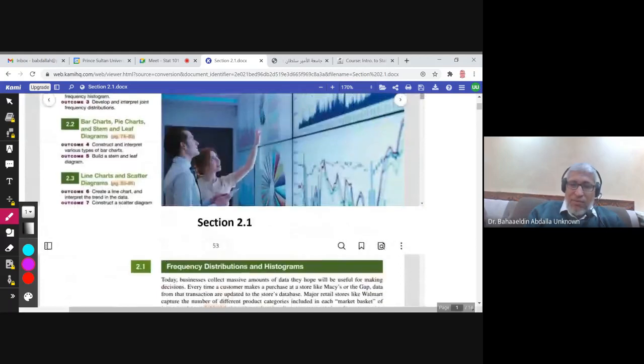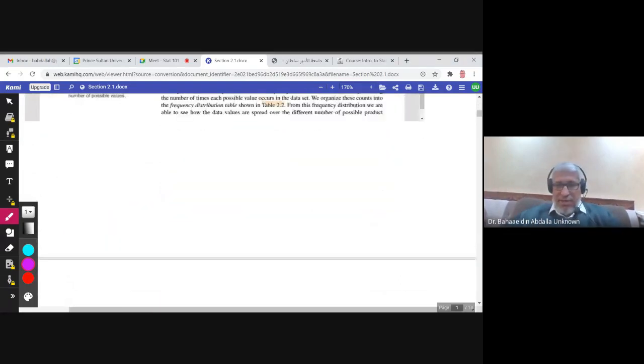Now we studied in chapter 1 that we have different kinds of data. So mainly the data could be qualitative or quantitative.